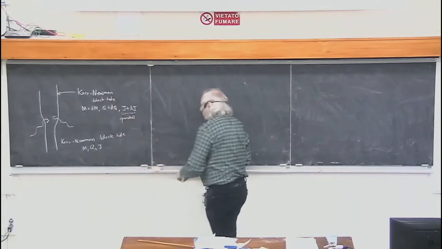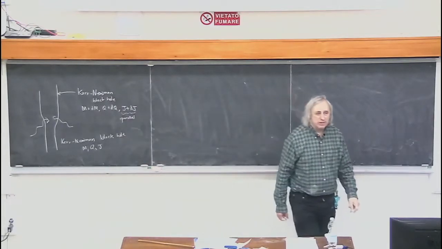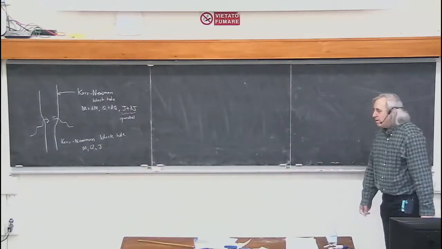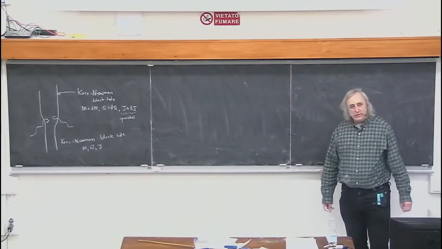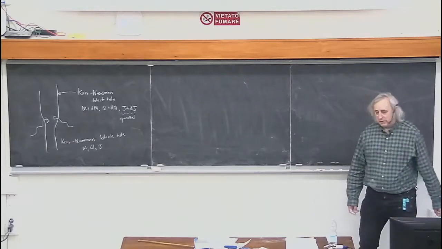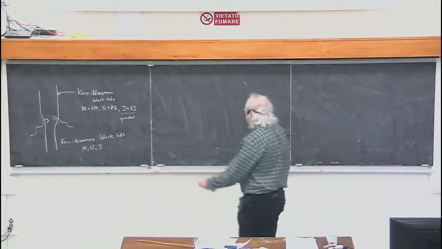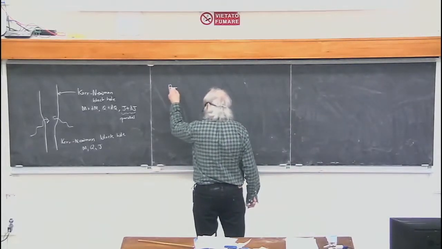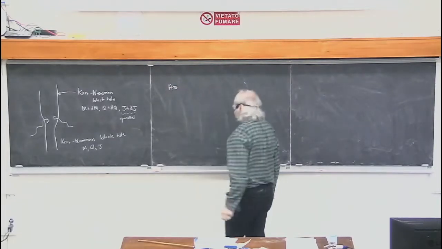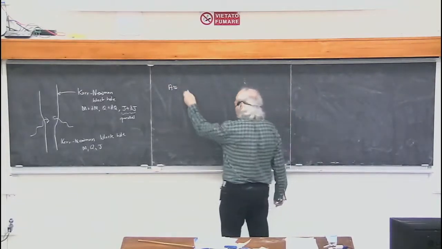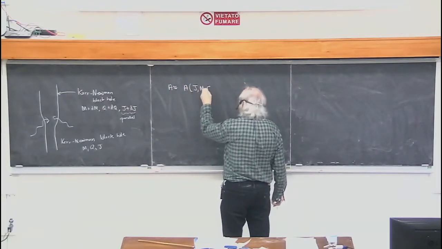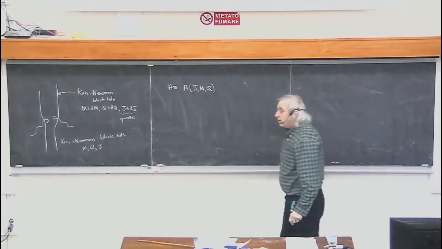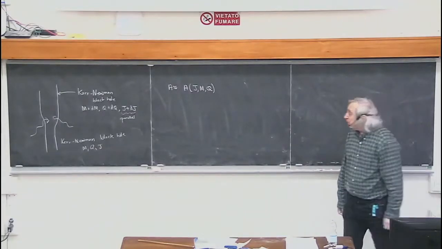There is an incredibly complicated way of doing this due to Bardeen, Carter and Hawking, where they actually look at energy balance, but it's easier to use the fact that the Kerr-Newman family of solutions is unique, and therefore I can start off just by looking at the area of the event horizon A, which I know to be a function of j and m and q. And all I have to do is to differentiate this.